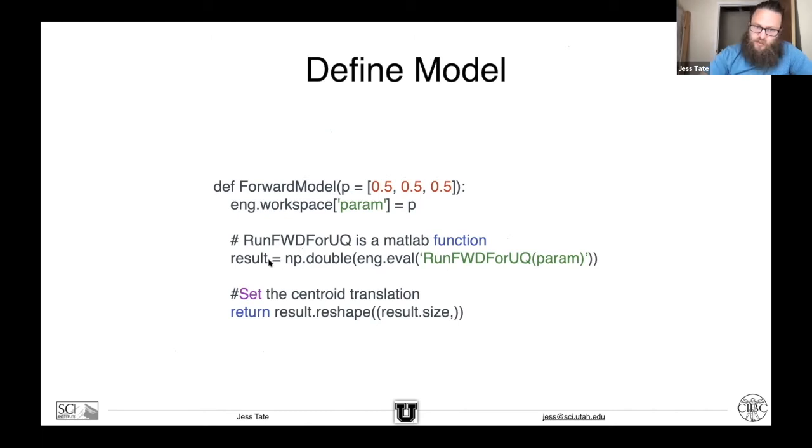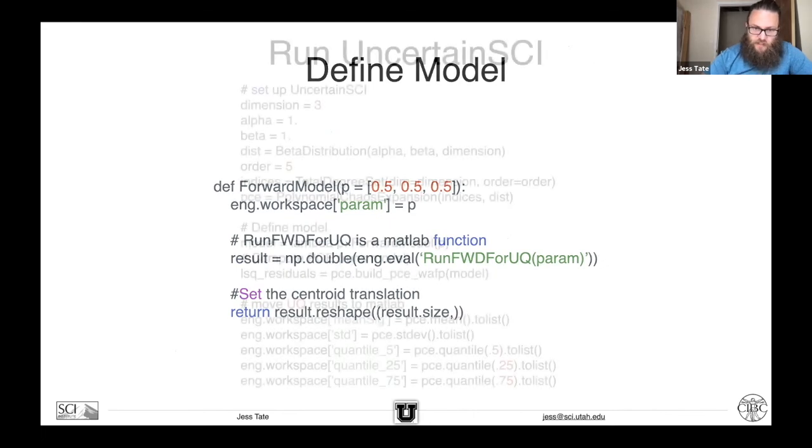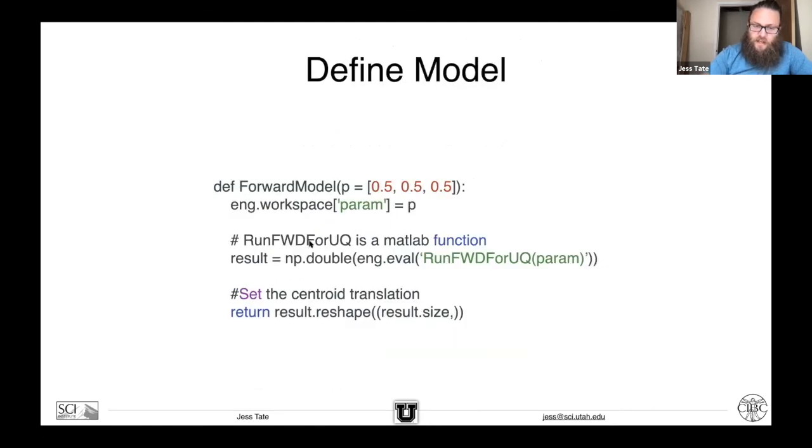this middle line where it says results equals, here. Hopefully you can see my screen. Oops, accidentally went forward. Where it says eng.eval run forward for UQ param. This is a model. This run forward FWD for UQ is a function implemented in MATLAB.